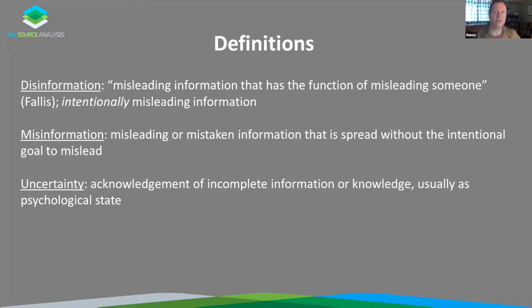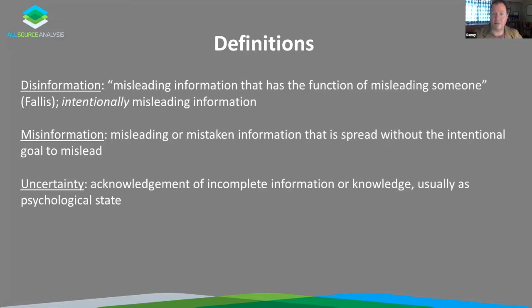It is information that is false, created on purpose, knowing that it's false, for the purpose of tricking people. That is different from simple misinformation, which is misleading or mistaken information that is spread without the intent or goal to mislead. It's just wrong information that people think is right, but they're not intentionally trying to trick someone else.